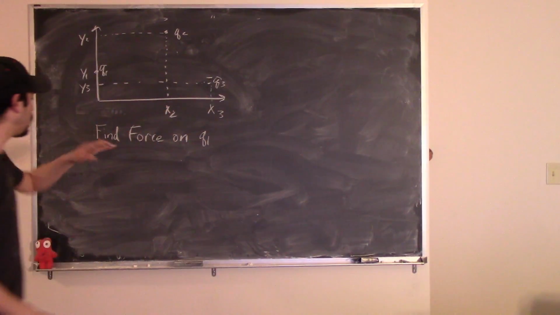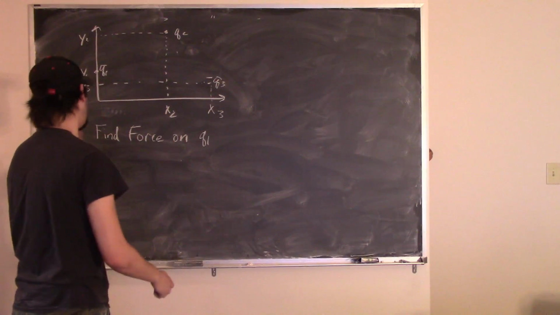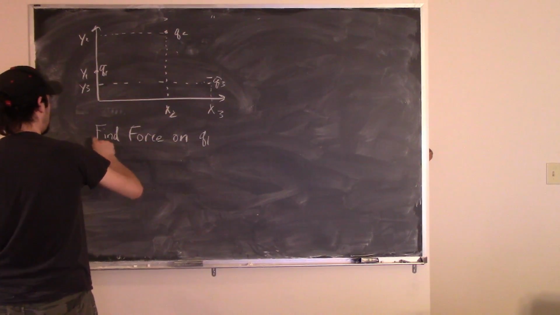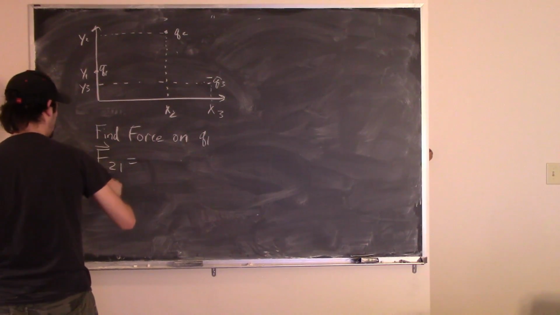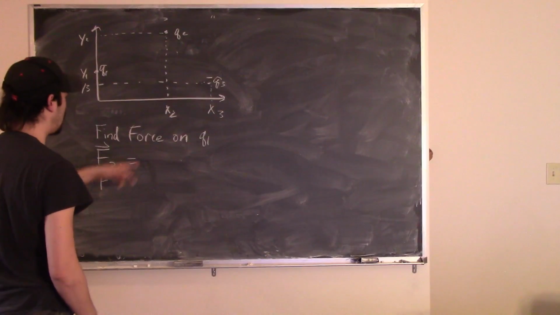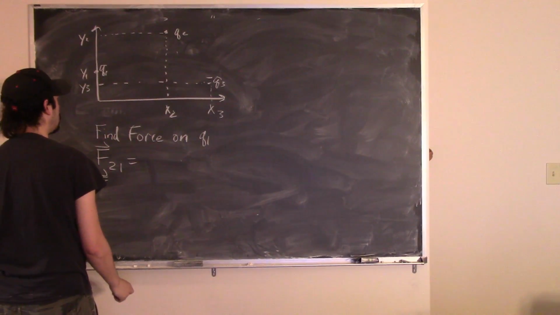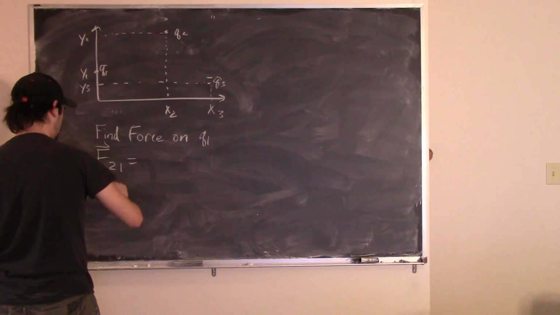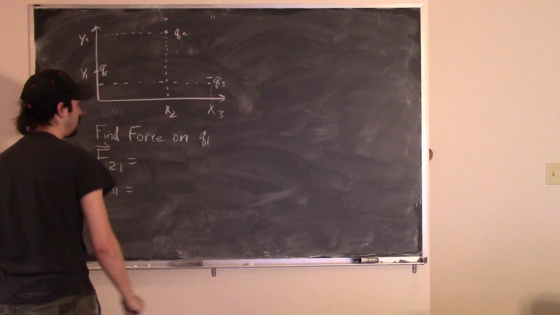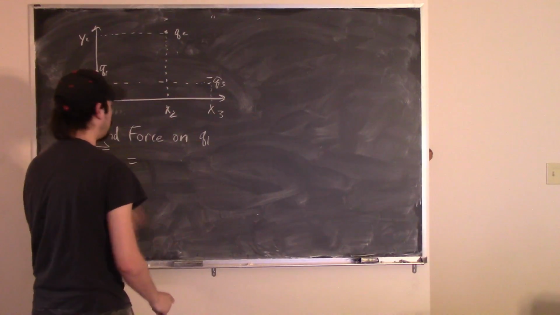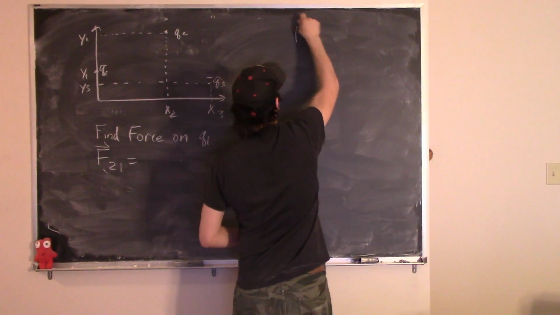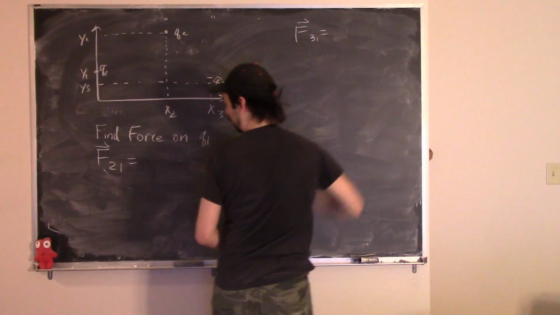Okay. So in order to find the force on Q1, what we need to do is find the force that Q2 acts on Q1 and the force that Q3 acts on Q1. So F3 acting on 1. Okay. So let's break these apart, and I'll do the F2 one here, and I'll do the F3 one up here.